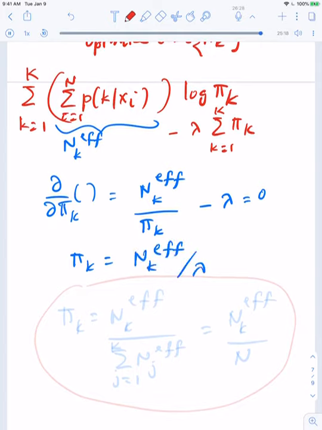So it's proportional to the effective number of points you had assigned, and of course they have to sum to 1. So pi k is n k effective over the sum over j equals 1 to K of n j effective, and we've already seen that these effective numbers add up to the overall number of training data points.